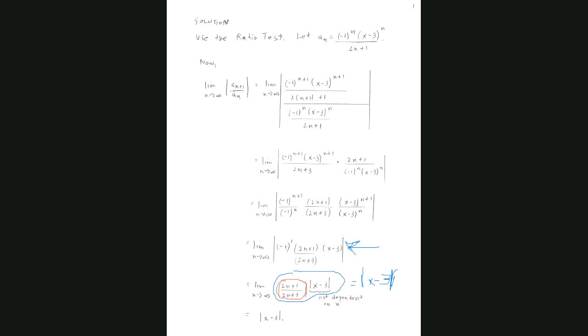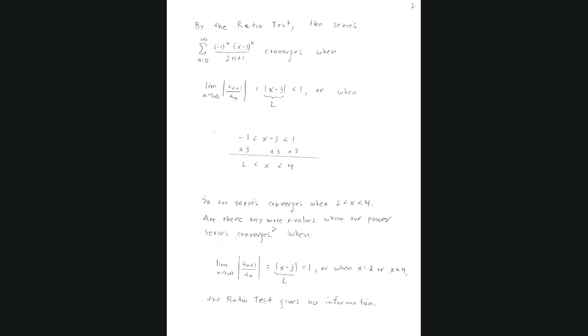Okay. Well, by the ratio test, our power series converges when the limit of the absolute value of the ratio of the n plus first term to the nth term, which equals the absolute value of x minus 3, is less than 1.